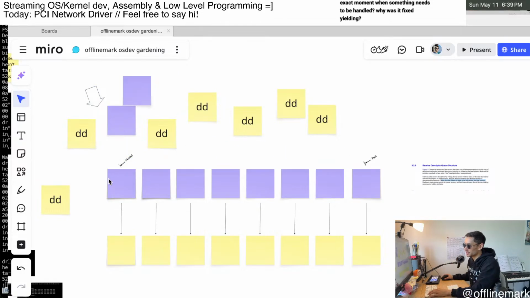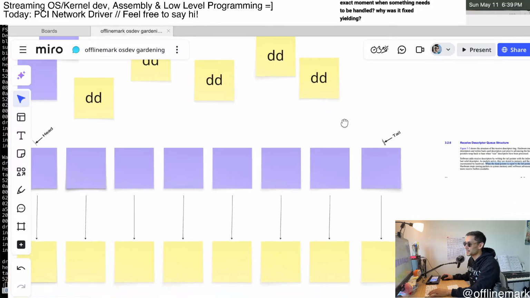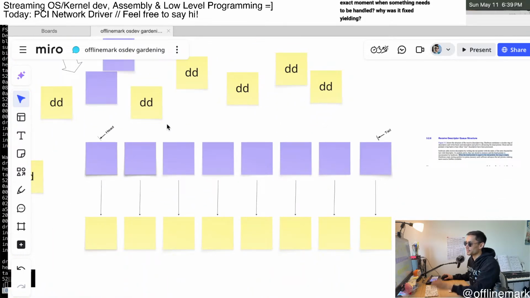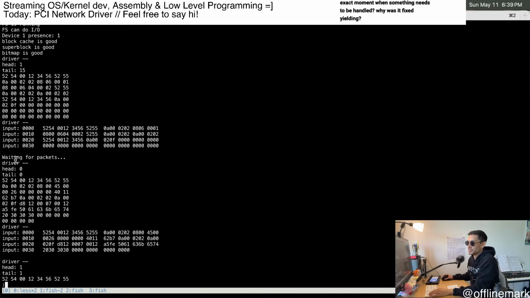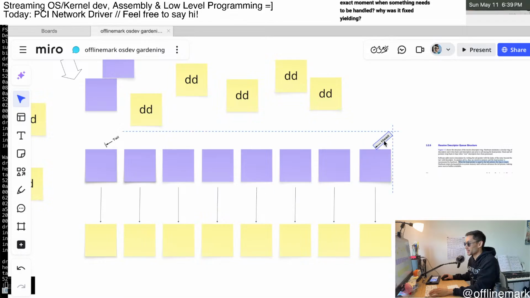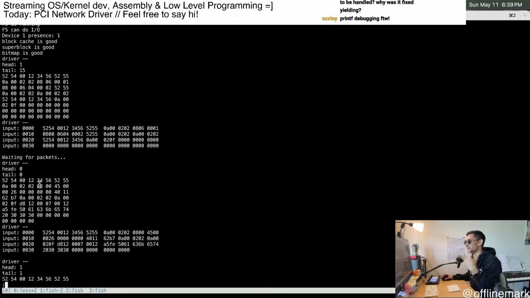Head is initialized here, tail is initialized here. The first thing that happens is this ARP request and response during boot up, so the response sends one packet here, and then we process it, and this points here. And so now tail points at 0. Then the next thing we see is that head and tail are equal, which means that head got bounced all the way back over here. So it just means that even still, we received way too many packets at once.